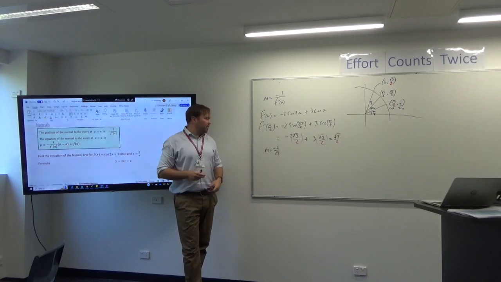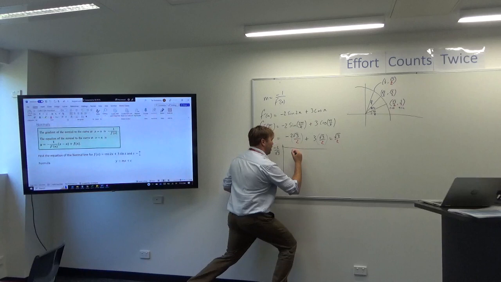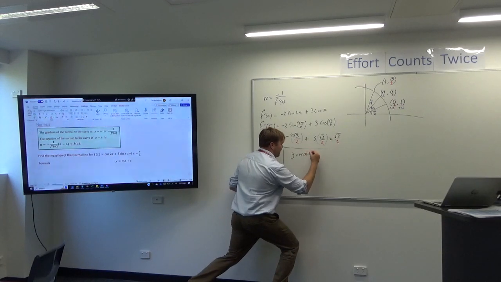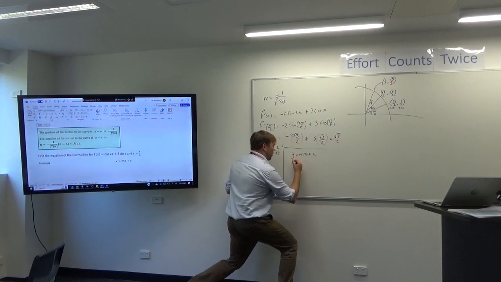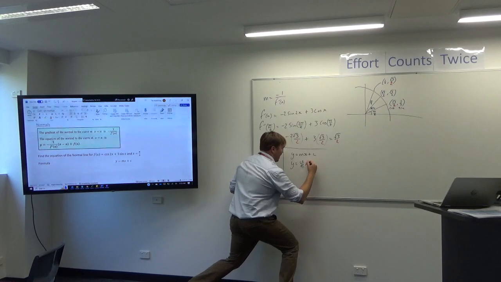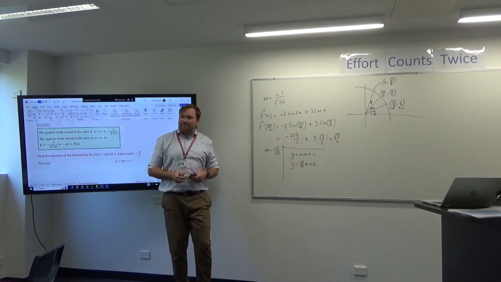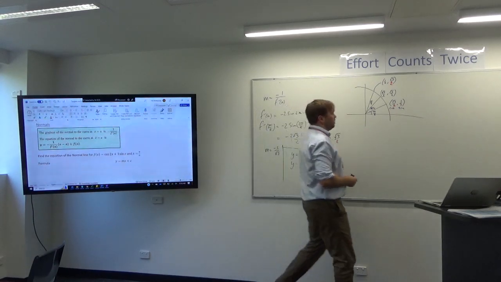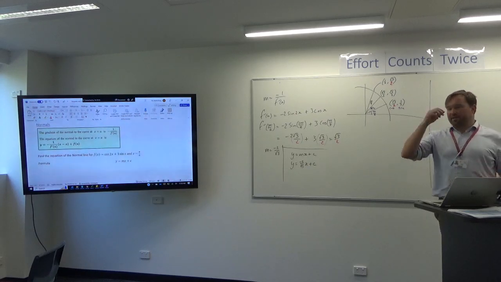And now we're getting closer because we're after, at the end of the day, a y equals mx plus c. We're after a line, we found our m. So it is y equals minus 2 on root 3 x plus c. Now we need to find the c. To find the c, we sub in a point.